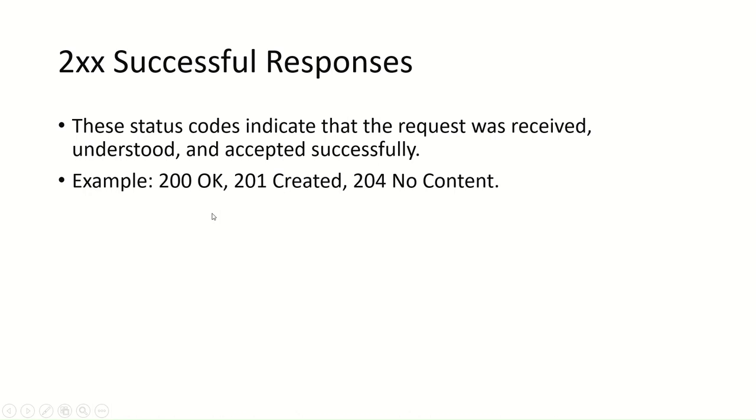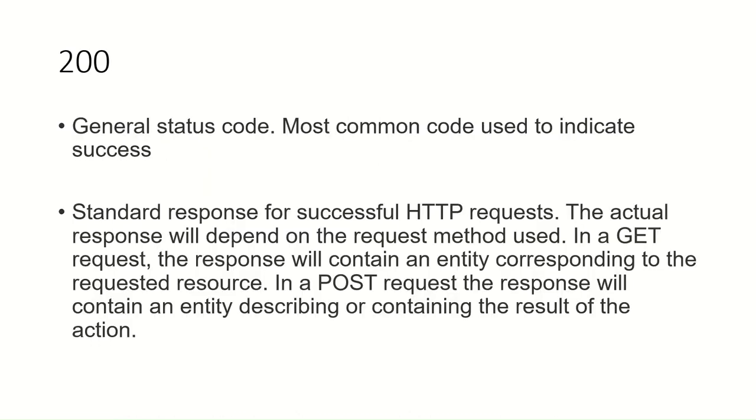Now let me go to the next slide and discuss the 200 HTTP status code. The 200 HTTP status code is the most general, most common code used to indicate success. So this is the general success status code, you can say. Standard response for successful HTTP requests. The actual response will depend upon the request method used.